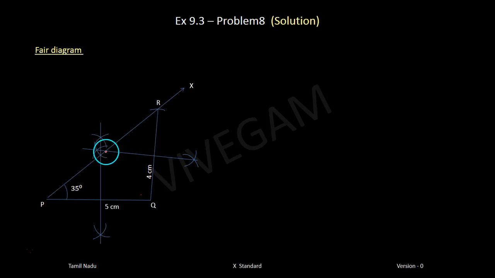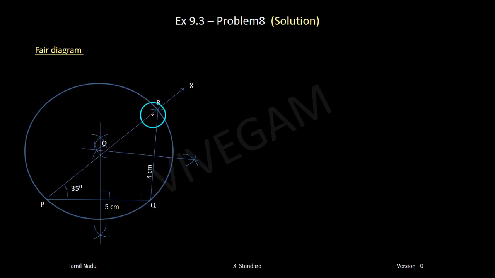And these two bisectors intersect at one particular point, and that is O. It's a little crowded over here. With O as a center and OP as a radius, or OQ or OR, all three are equal, draw a circle. Now we know S is a point on this circle. But we know angle PRS is 70 degrees.